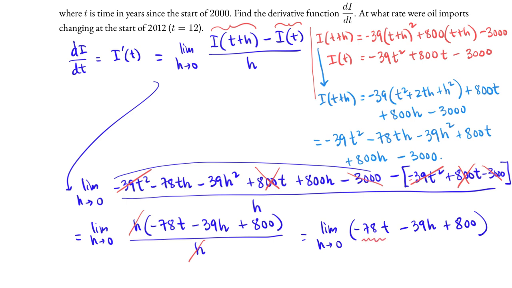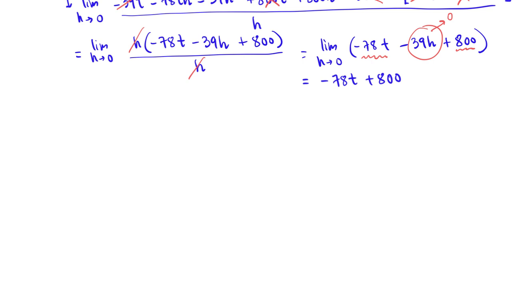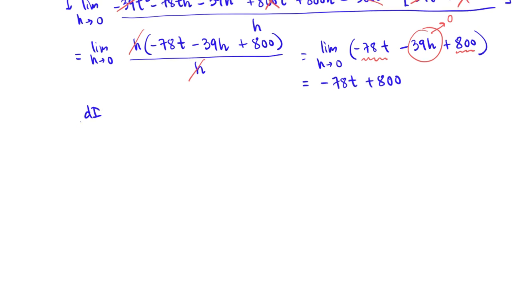The term negative 78t does not have h, so it stays. Negative 39 times h, but at h equal to 0 the term goes to 0, because negative 39 times 0 is 0. The term 800 stays. And so, without the limit notation now, we have negative 78t plus 800. And this is the derivative function. We write this as dI over dt equals negative 78t plus 800.